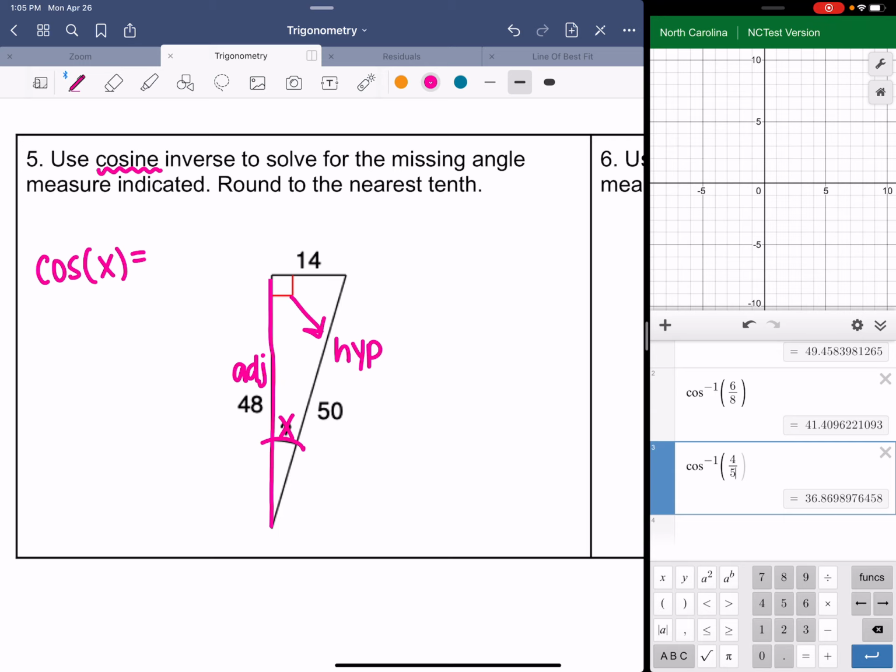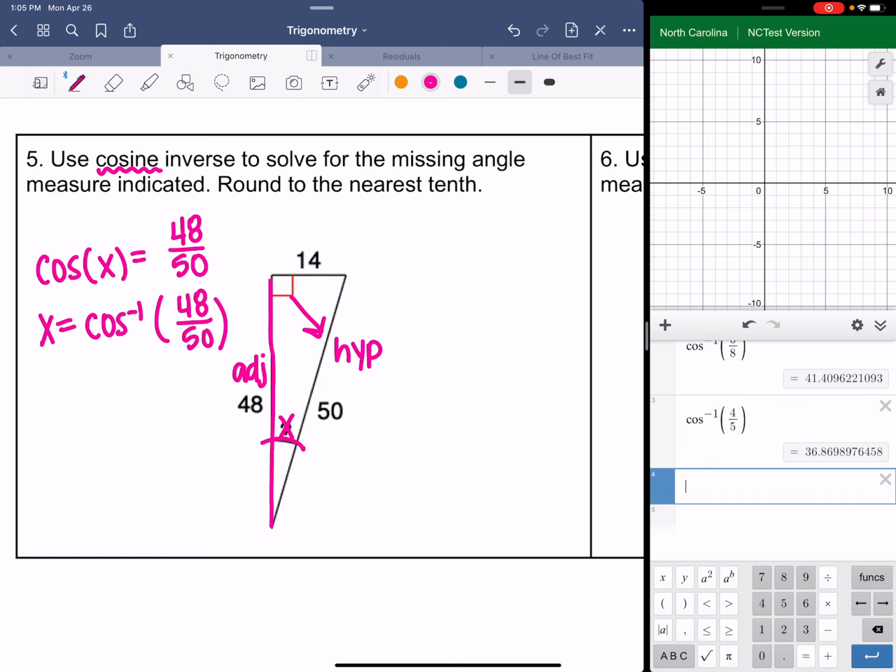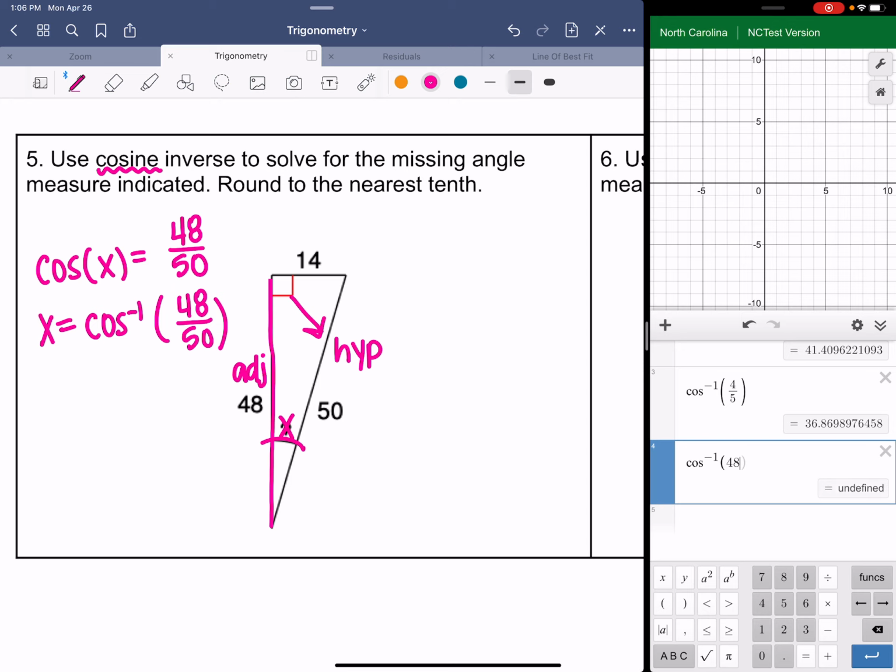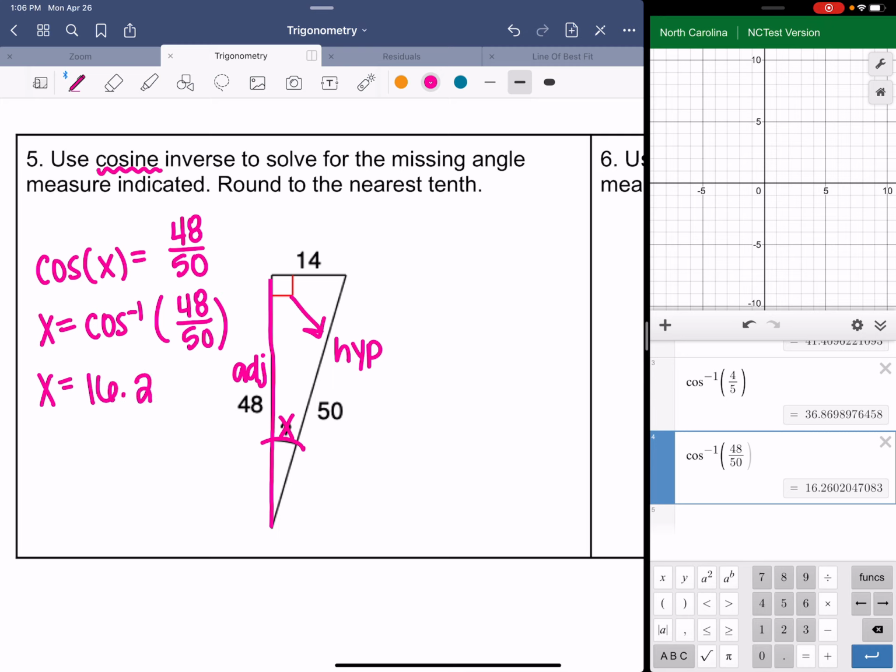So cosine of x is going to be adjacent over hypotenuse, which is 48 over 50. So x is going to be the cosine inverse of 48 over 50. Let's calculate that to find our degree measure. That gives me an angle measure of 16.26. And we're rounding to the nearest tenth, so that's going to be 16.3 degrees.